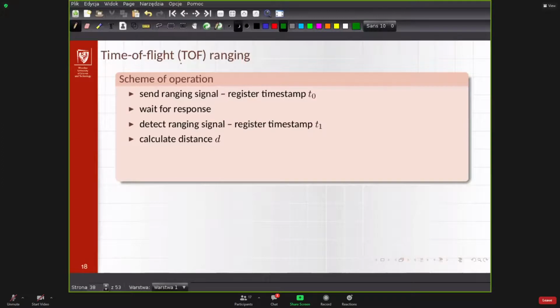As the name of the method indicates, it's the time of flight. You measure the time when you send the signal and when you receive the signal, and based on the difference of the time and the propagation of the sent signal, you calculate the distance.